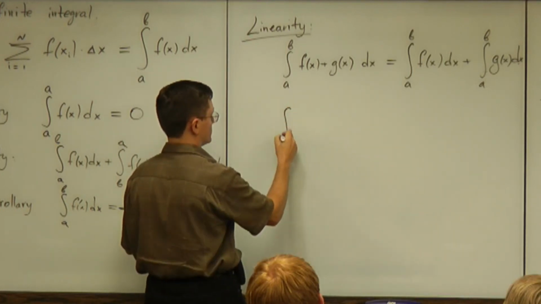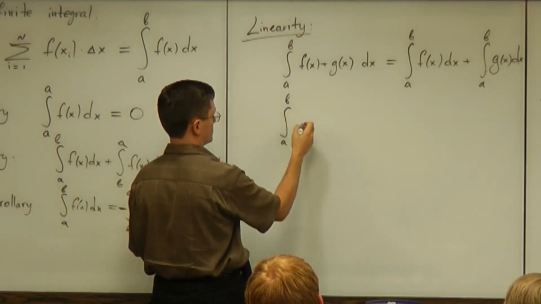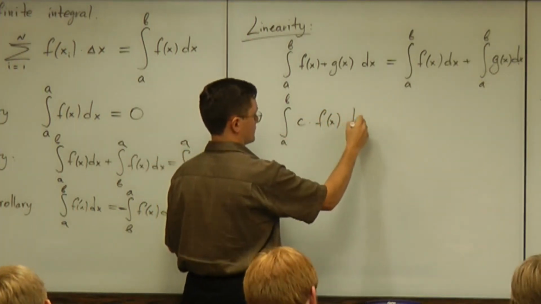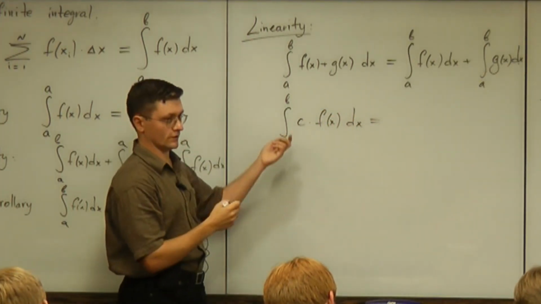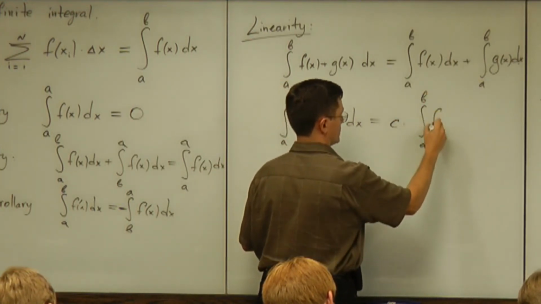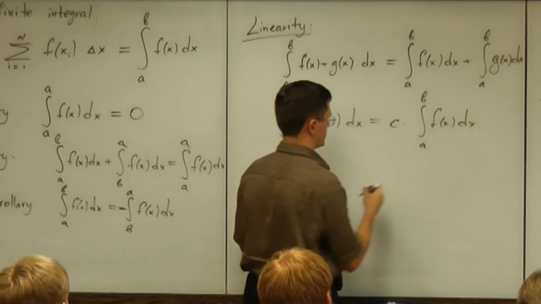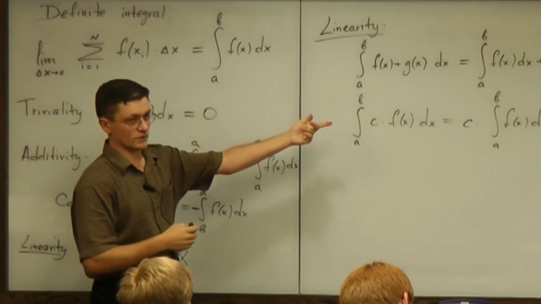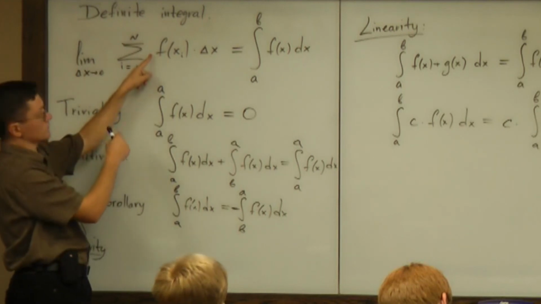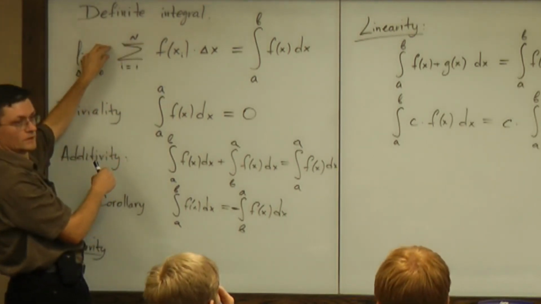The last thing is the integral from a to b of a constant times f of x. And that is exactly equal to the constant times the integral from a to b of f of x dx. And again, the reason is that if you multiply each term here by a constant, you can factor this constant out of the sum.